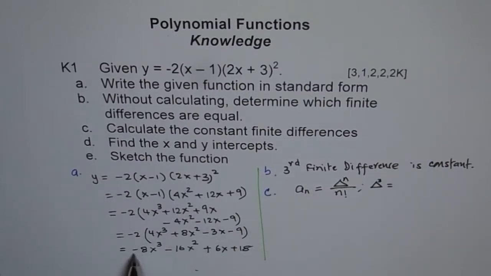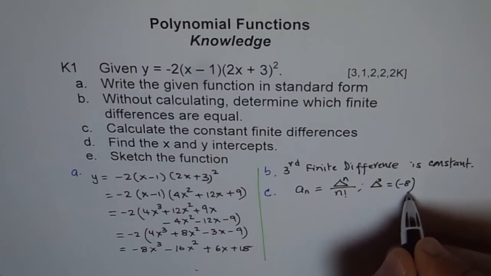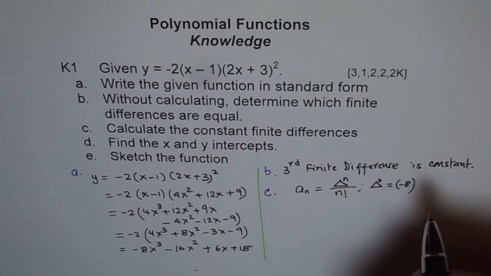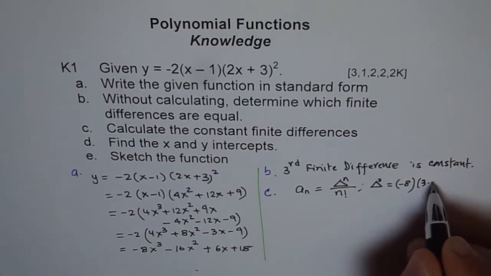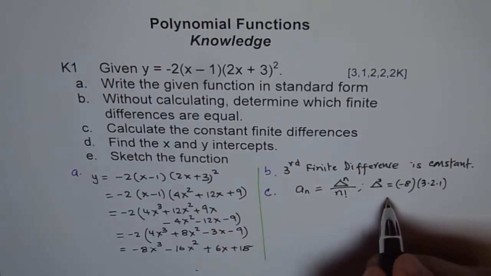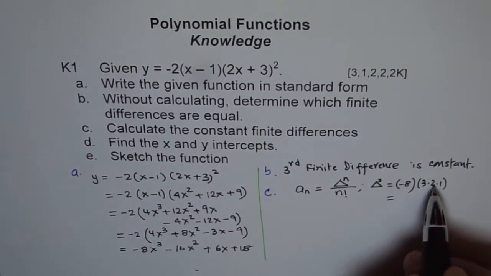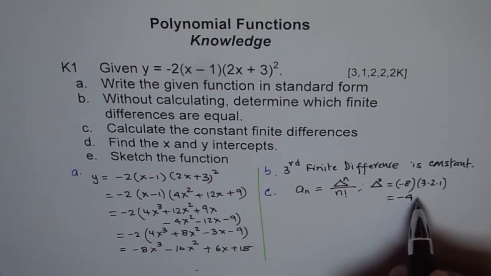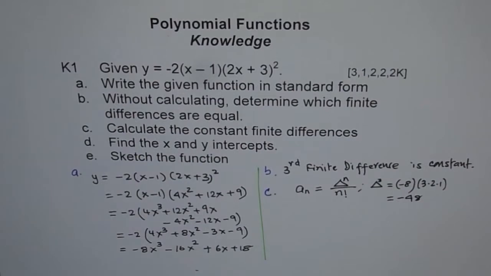It equals the leading coefficient we already calculated, which is minus 8, times 3 factorial. 3 factorial is 3 times 2 times 1, which is 6. 6 times 8 is 48. So minus 48 is our constant finite difference. Okay?